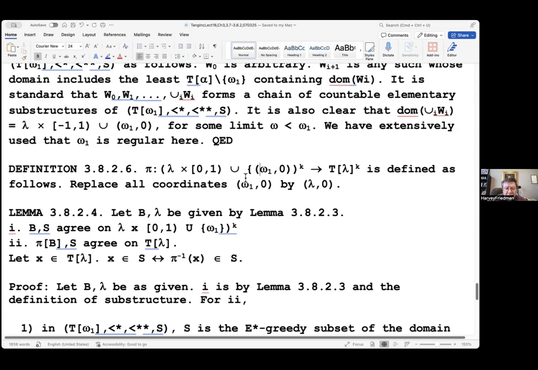We're going to add this ordered pair. It's defined as follows: replace all coordinates that happen to be this exception by lambda zero. Whenever we see omega 1, we reduce the omega 1 down to lambda, because the only way we can see omega 1 here is if we're looking at the pair omega 1 comma zero.